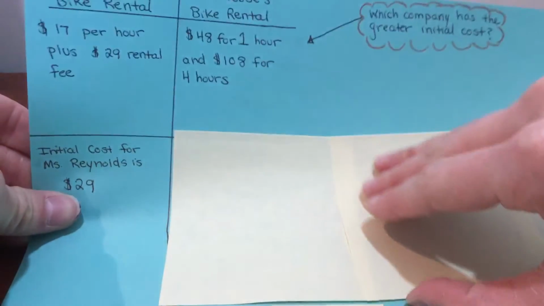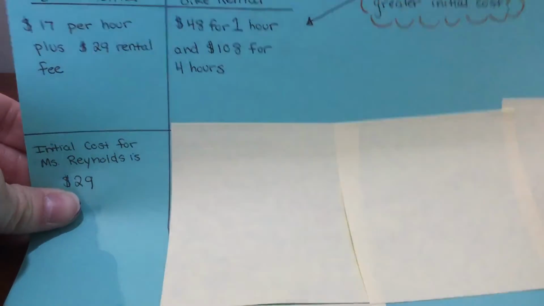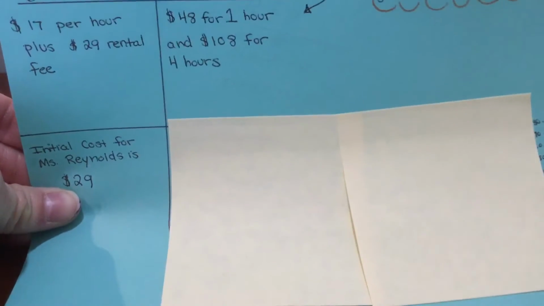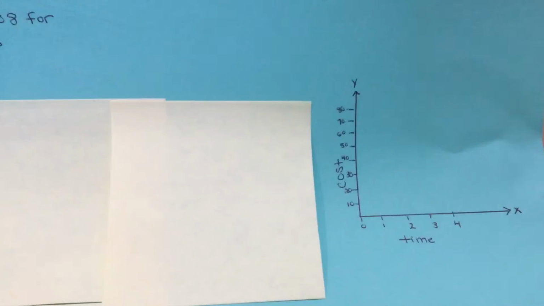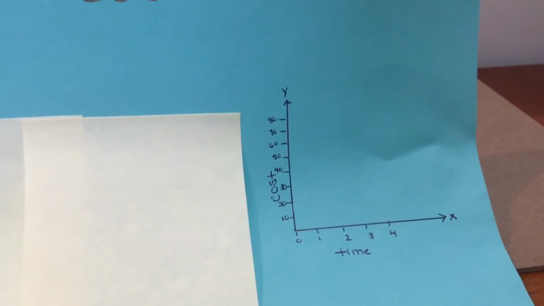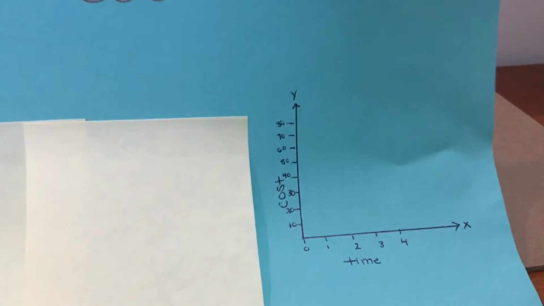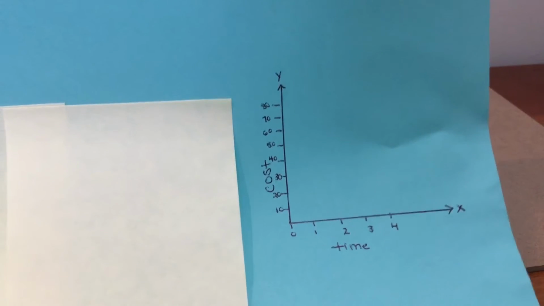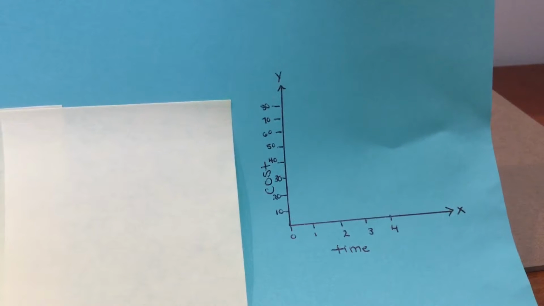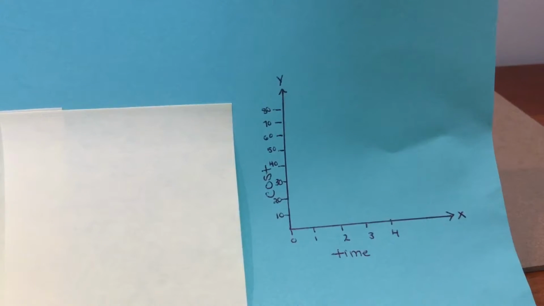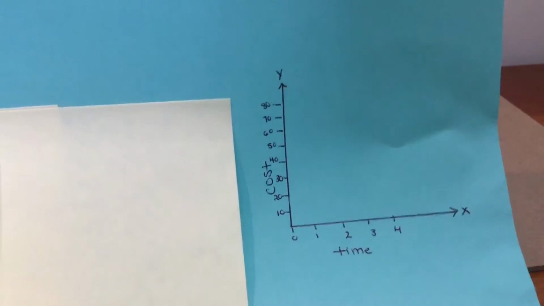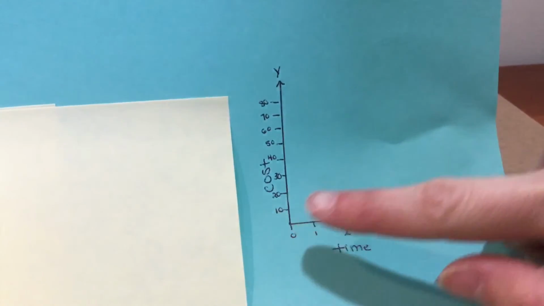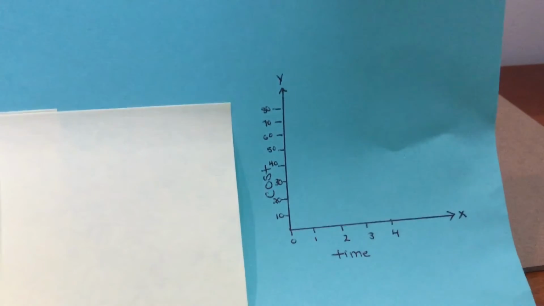Now, one thing I want to point out to you is usually when we represent information like cost in hours, which is time, time is usually going to be our x-axis, and cost is usually going to be our y-axis, because we want to see the rate of change as time increases. How is the cost changing?